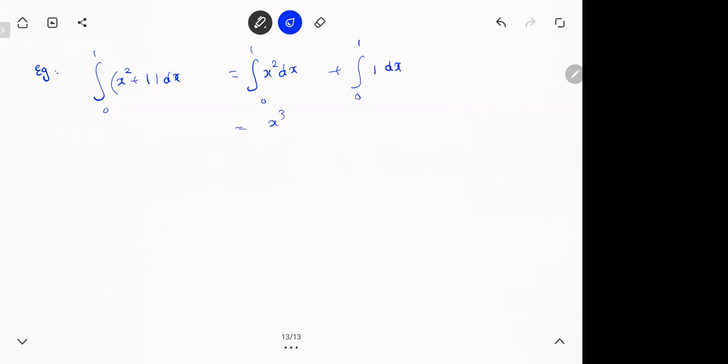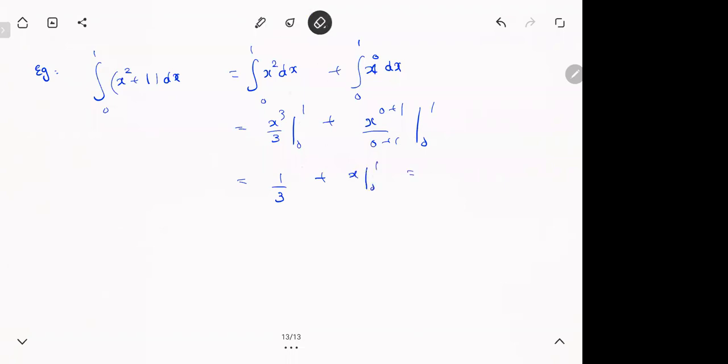This should be x cubed by 3, 0 to 1. What is 1 here? This can be written as x power 0 now. So x power 0 plus 1 by 0 plus 1, 0 to 1. This will be 1 by 3 plus x ka limit 0 to 1. So I'll do one thing, let it be x cubed by 3 only for some time.